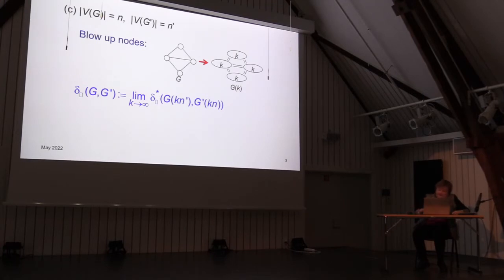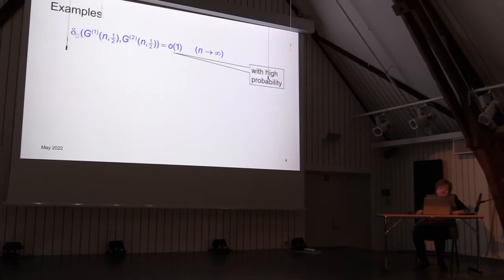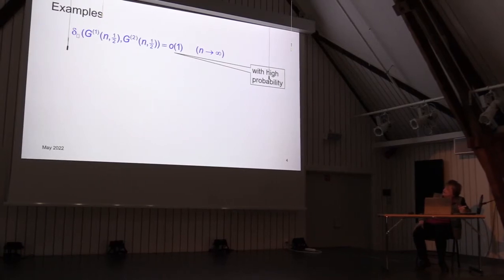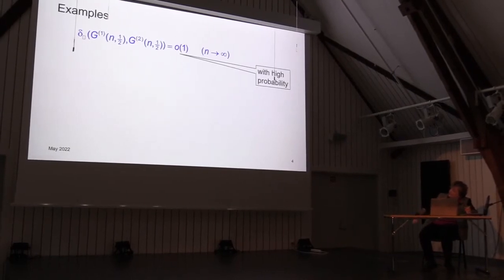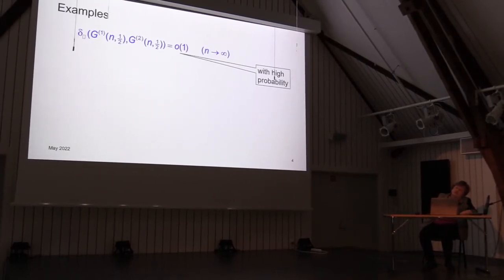Okay. Now, for instance, consider the Erdős random graph with constant 1/2, where you take every edge with 1/2 probability.